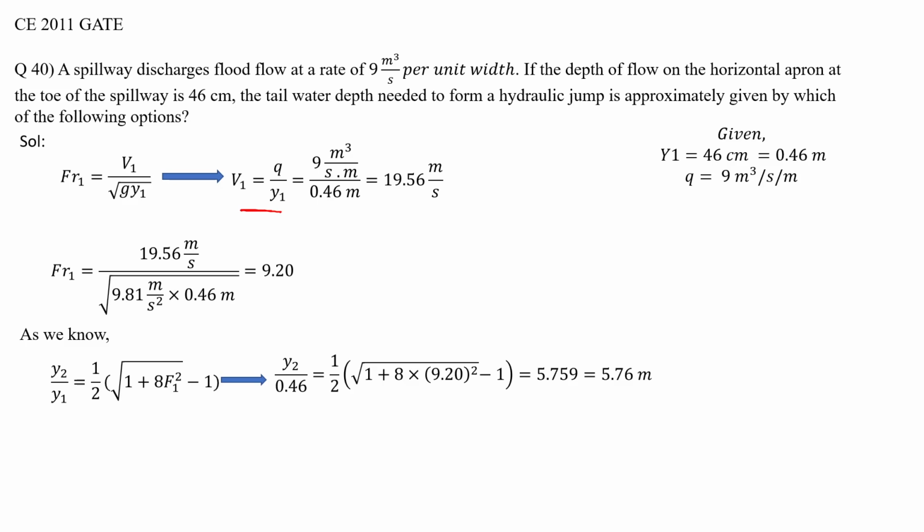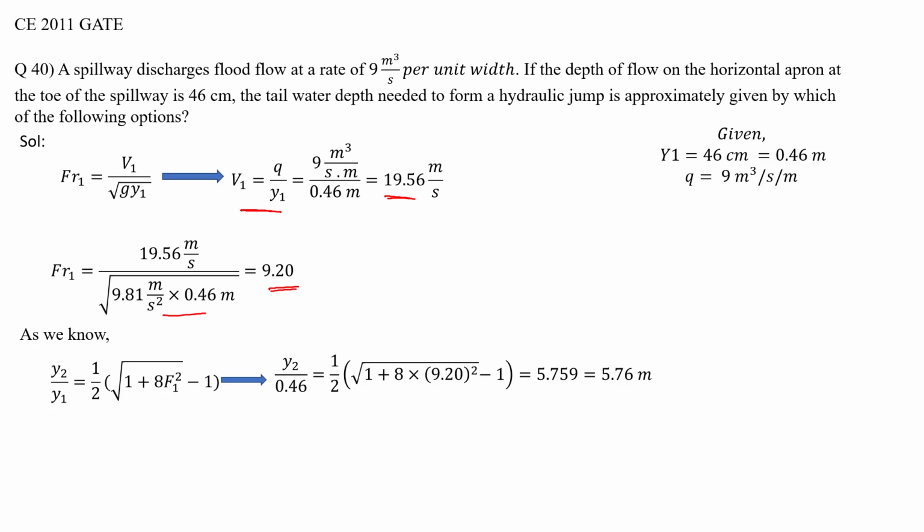So from that equation you get 19.56 meter per second. Okay. So substitute this particular V1 into the Froude number, V1 divided by root over g into y1. From that, by substitution, you get a Froude number of 9.20.